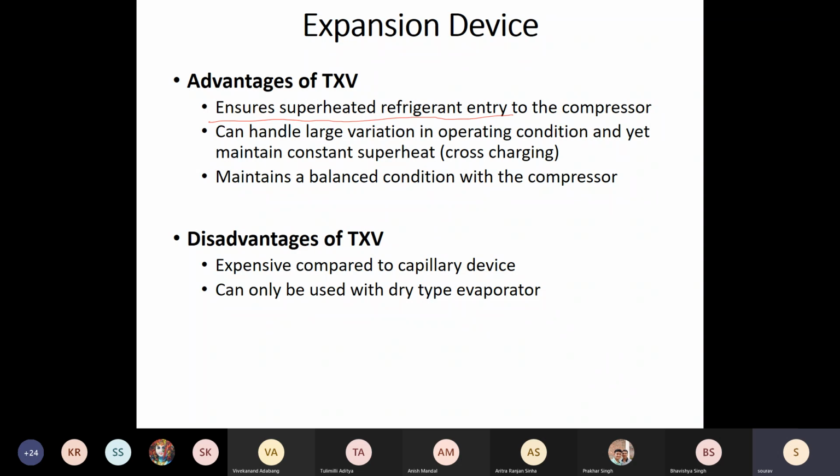So your indoor temperature does not vary significantly, or that is what is expected. You do not keep your refrigerators out in your balcony or in your terrace. You keep it in your drawing room or living room or near your kitchen. So there, the indoor temperature definitely is going to vary, but it will not vary as significantly as the outdoor temperatures of an air conditioning device.